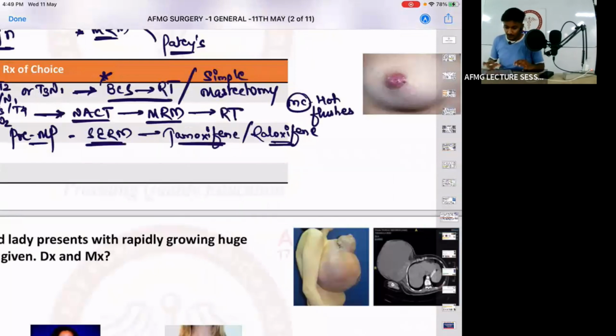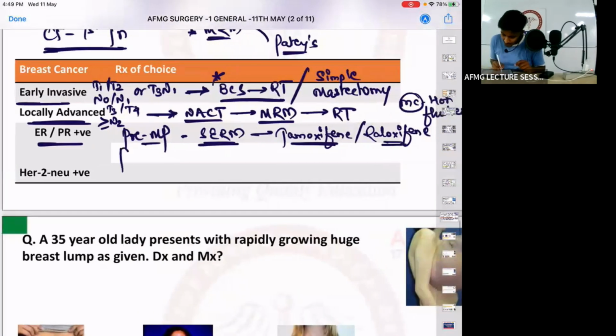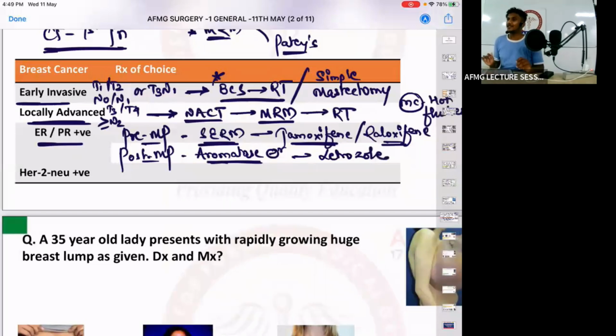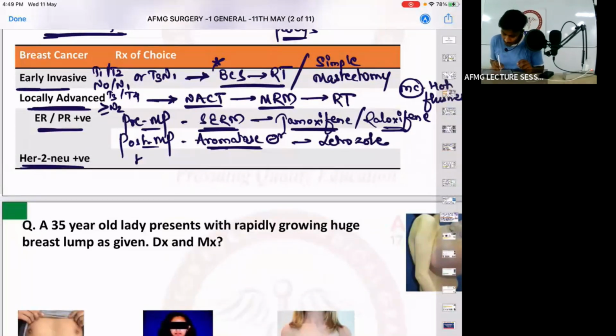Then ER/PR positive tumor in a post-menopausal female, the drug of choice would be aromatase inhibitors, drugs like letrozole, anastrozole. HER2/neu positive cancer or tumor, in HER2/neu positive tumors also we will give drugs like Herceptin, a monoclonal antibody like trastuzumab.